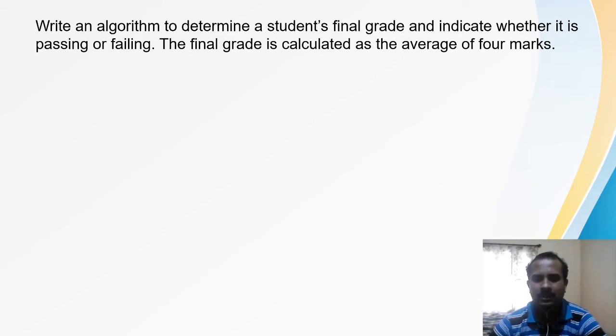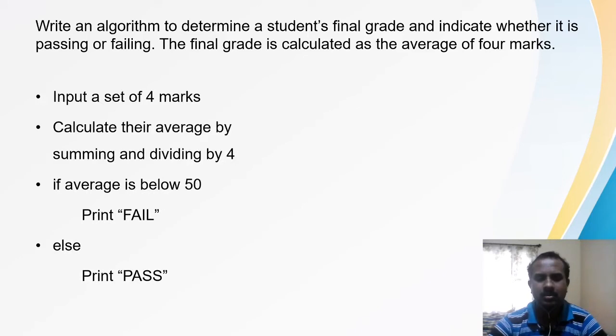Let us first see the pseudocode, how it is written. In the pseudocode, as I already mentioned, it is written in general English. Okay, the pseudocode. Input a set of 4 marks. The second step: calculate the average by summing and dividing by 4.